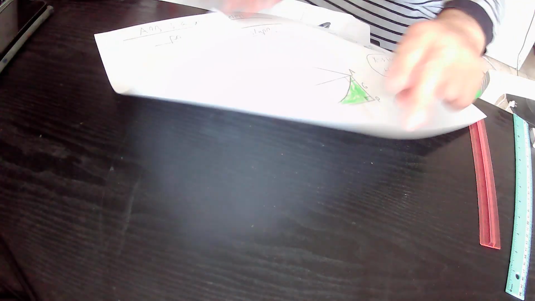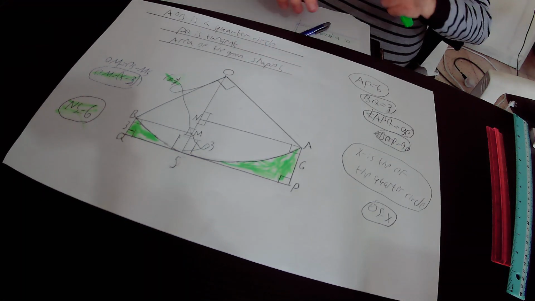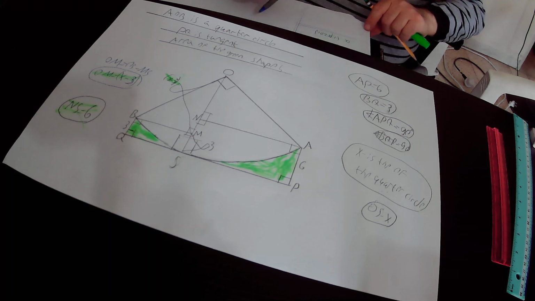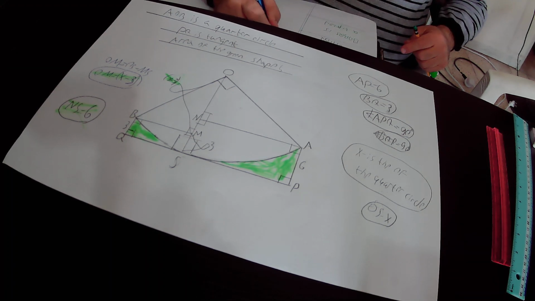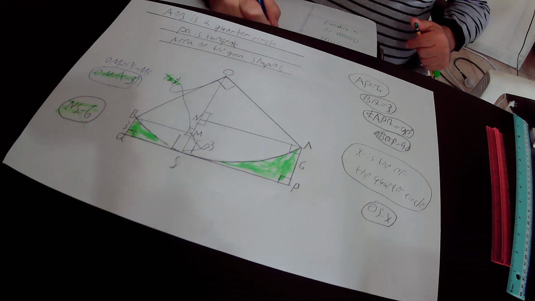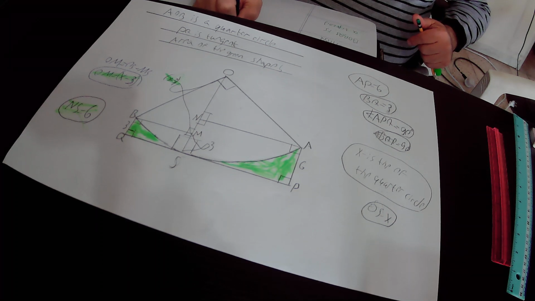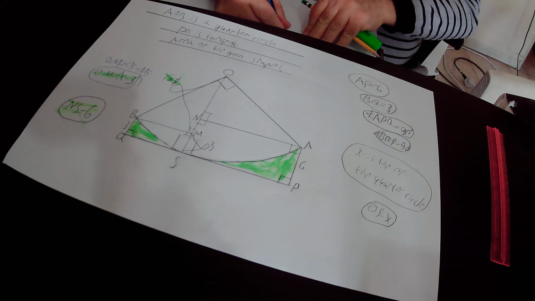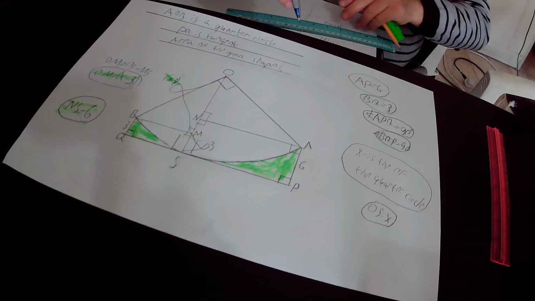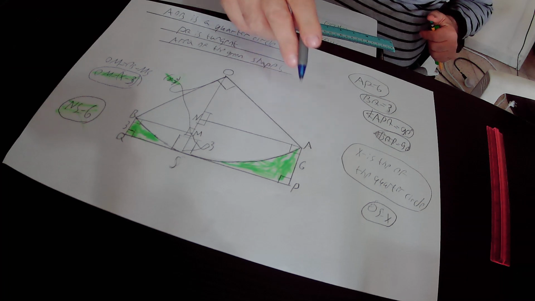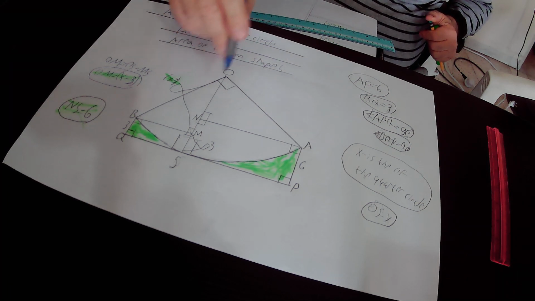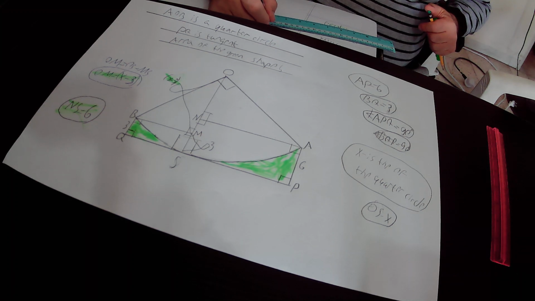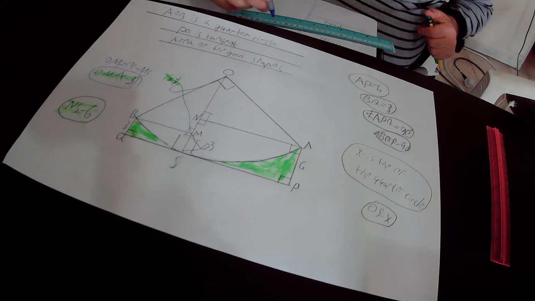And we also have the rule that the opposite sides of a rectangle are parallel to each other. So in rectangle ANSP, side AP is parallel to the opposite side NS.